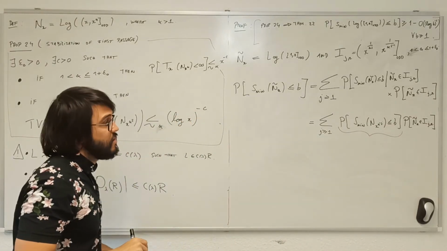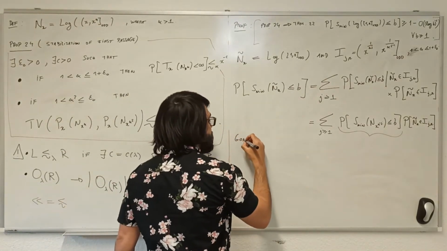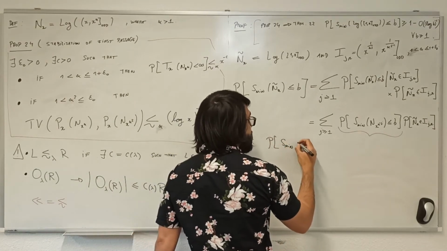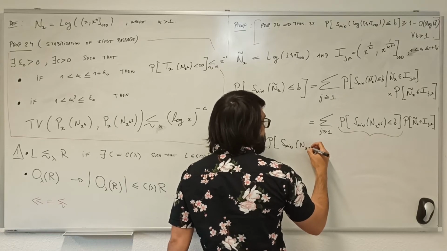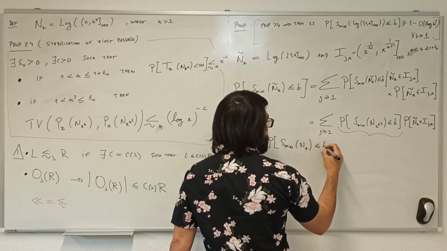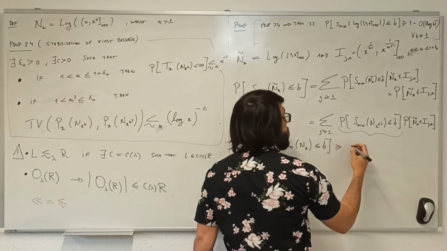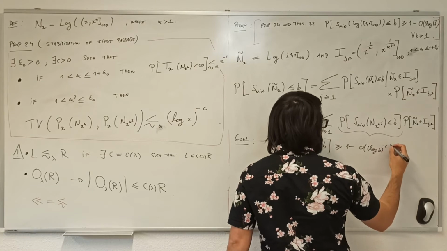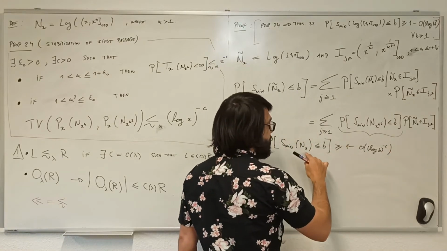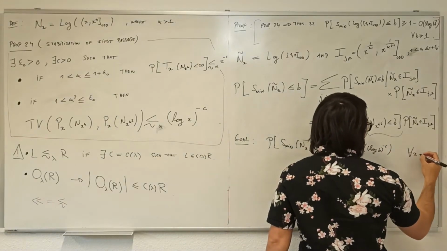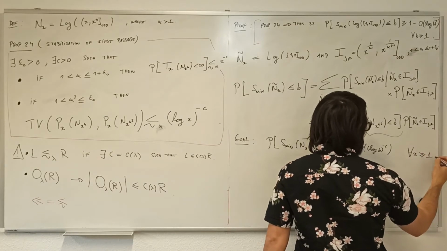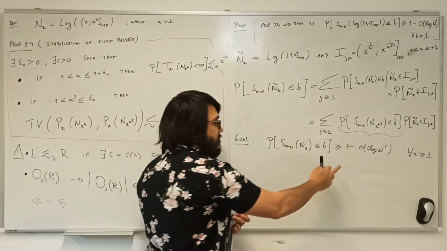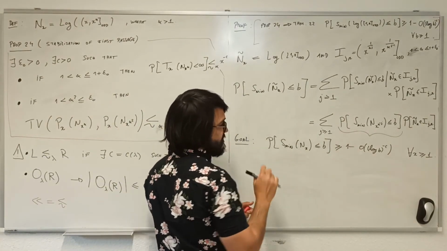So now the goal is to prove that the probability of S min of n_x less or equal than b is greater or equal than 1 minus O of log b to some minus c, and this O doesn't depend on x, for all x greater or equal to 1. So there is a constant here that's not depending on x.